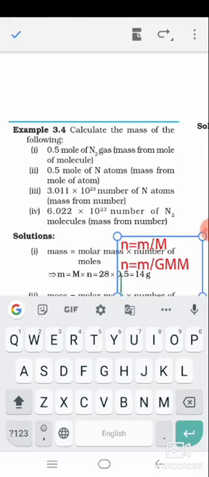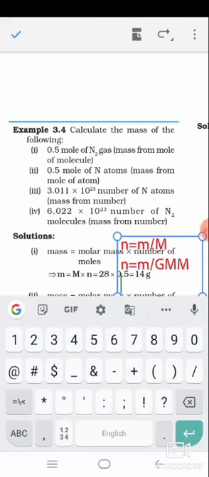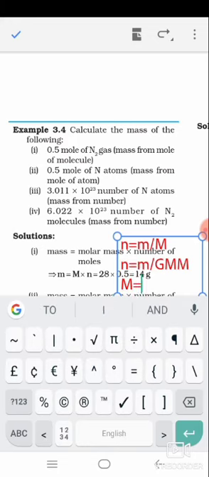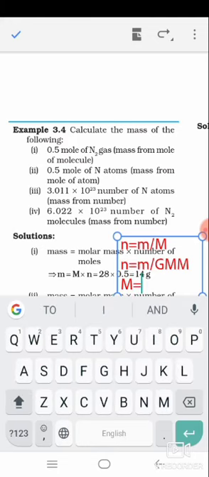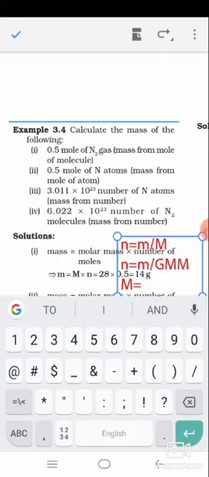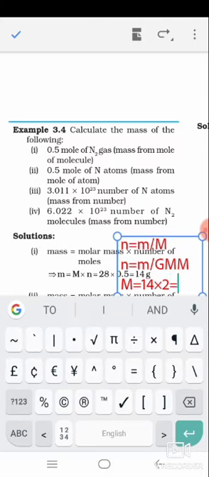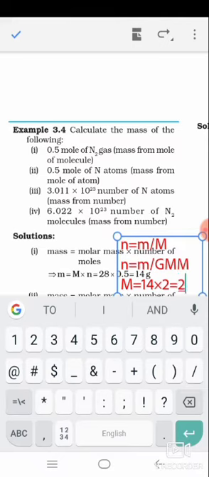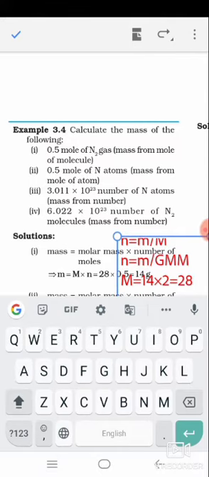Okay, now we need to find the molecular mass of nitrogen. You know, it is 28. How is it 28? The atomic mass of one nitrogen is 14. So 14 into 2 is 28. Am I right? So the molecular mass, GMM, of nitrogen is 28. Now you need to find small letter m.